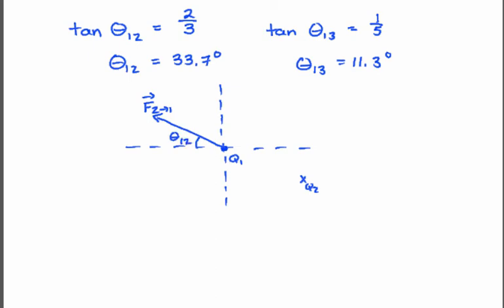Now, if we look at the force between charge 1 and charge 3, we're looking at opposite signs on those charges. Opposite charges attract, so the force that charge 1 feels due to charge 3 is going to be towards charge 3. So that's going to be something that looks like this.